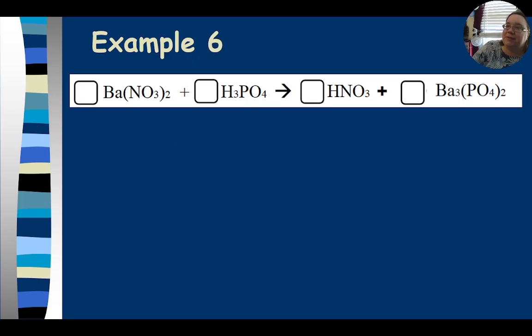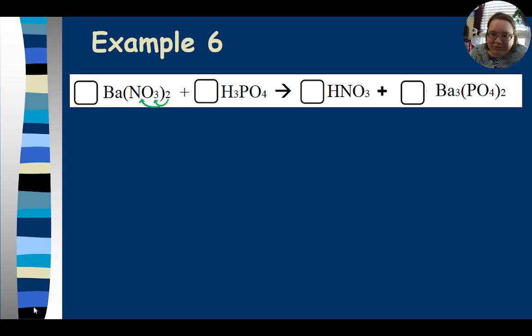Alrighty, last but not least, this is about as challenging as you're going to see for physical science. So one thing I know we haven't seen yet is numbers with parentheses. And what I want you to know is that the number outside the parentheses multiplies everything inside.